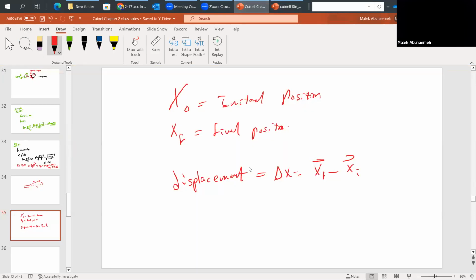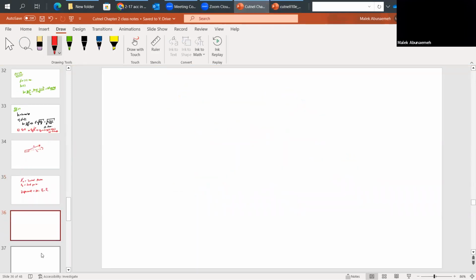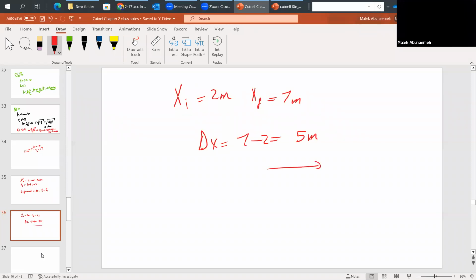So let me go ahead over here. Let's say your x initial again was 2 meters and your x final is 7 meters. That means your delta x is going to equal 7 minus 2, which is 5 meters positive. It's positive, that means you're going this way, delta x equals 5 meters.